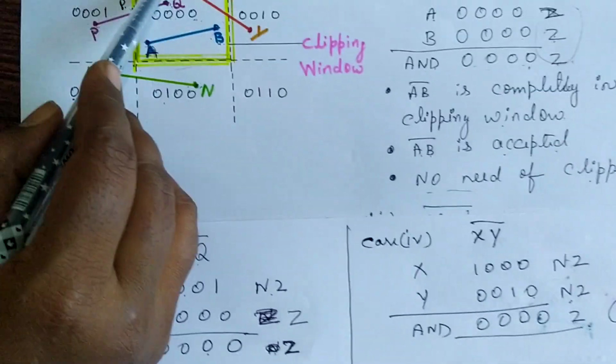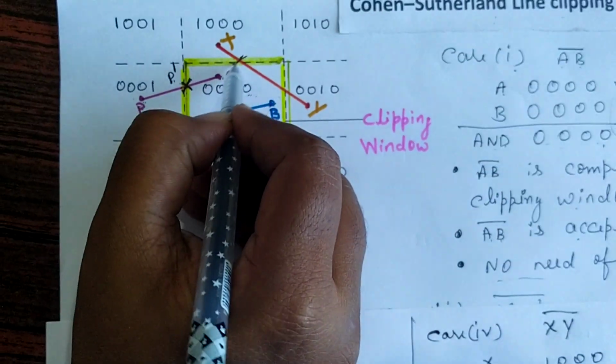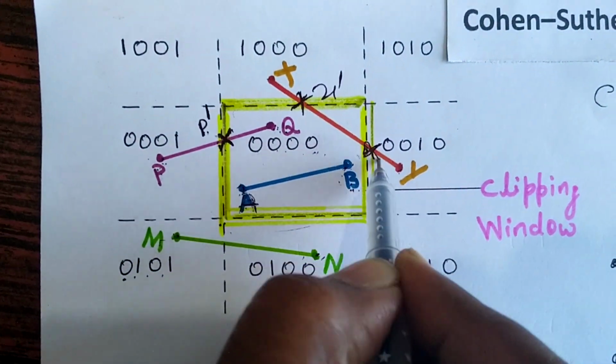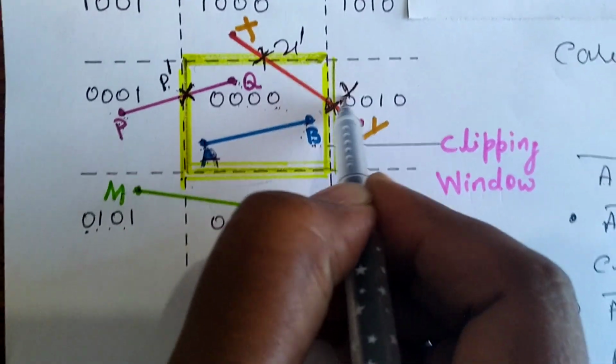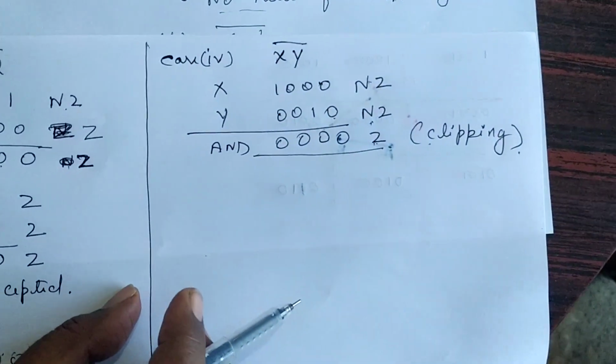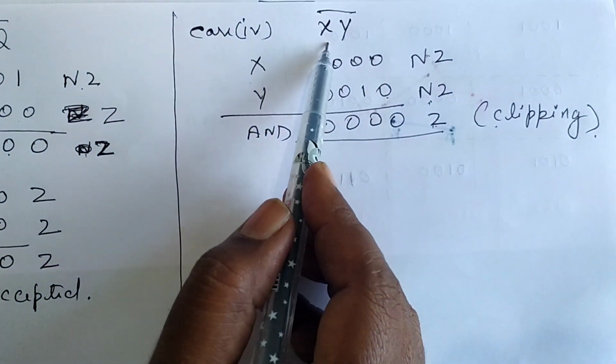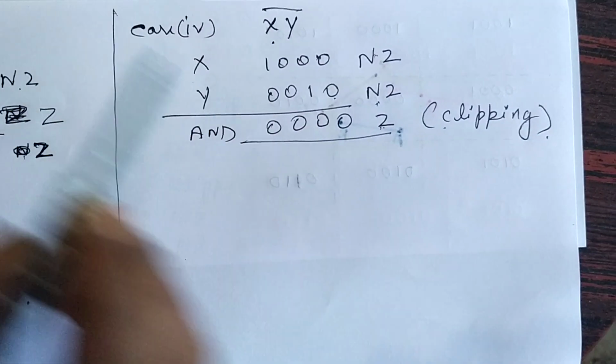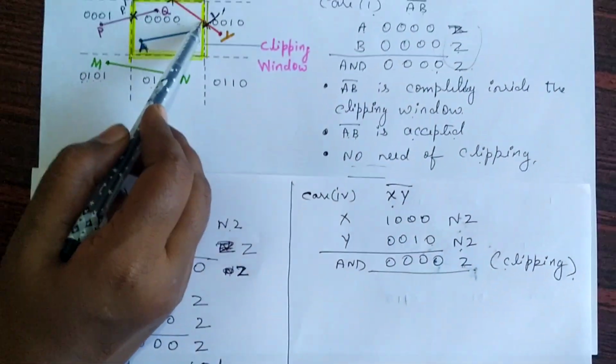For the line segment XY, we will find the intersection, this will be called X dash, and this is the intersection on this side, which will be called Y dash. Now we'll repeat this procedure to find which part of the line segment XY is accepted and which part is clipped. We'll do it one by one. We'll go for X dash and Y dash.